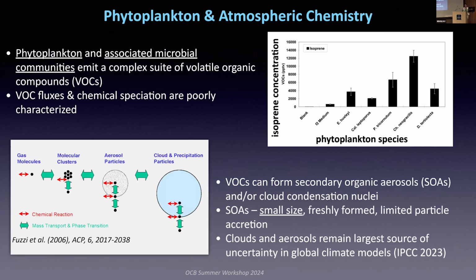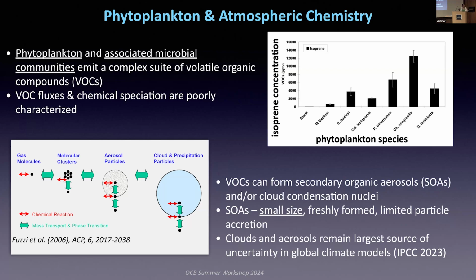We know they're there, we know there's a lot of them, but we're not quite sure what they are all comprised of. These VOCs, as we've heard, under certain conditions can form secondary organic aerosols and or cloud condensation nuclei. They are small in size, meaning that they're relatively freshly formed and have undergone limited particle accretion or particle growth.